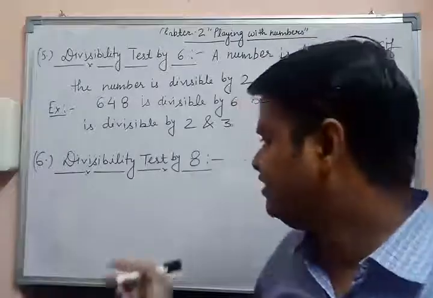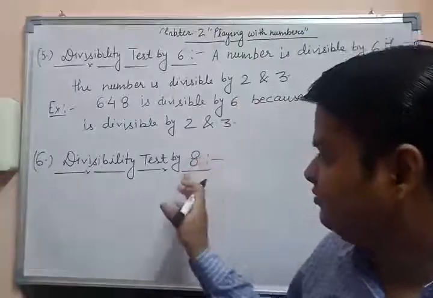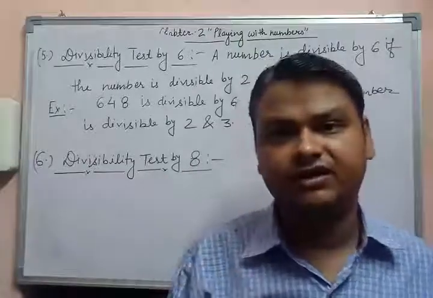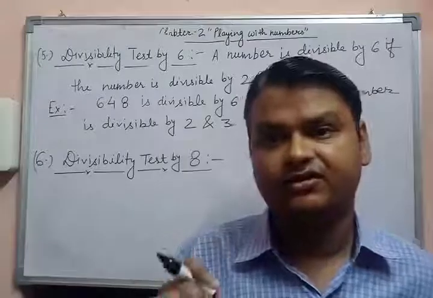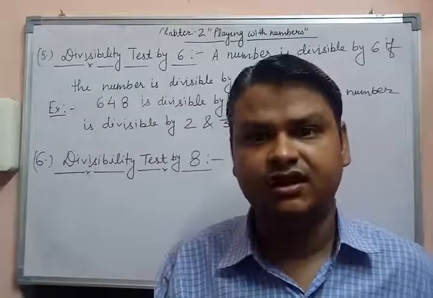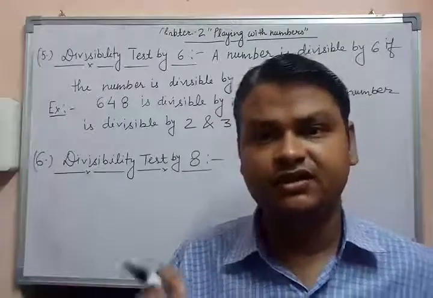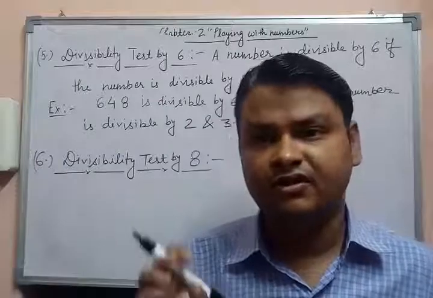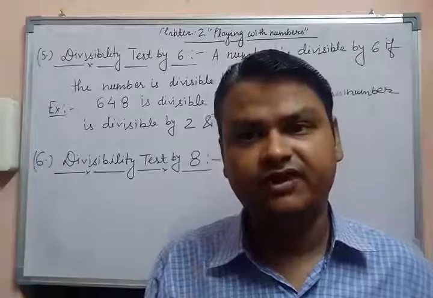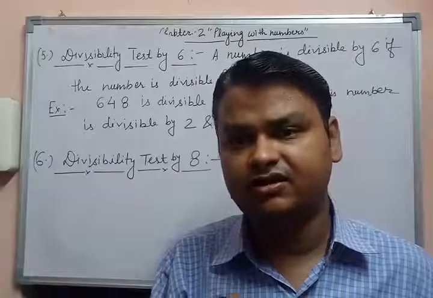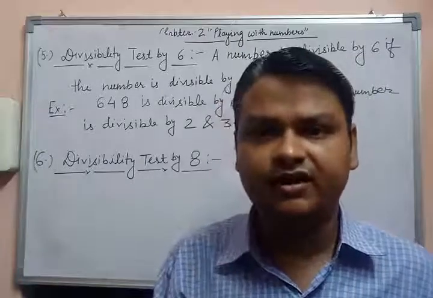In the same way, if you have to check whether a number is divisible by 8, then first of all you have to check the last 3 digits. Last 3 digits means the ones, tens and hundreds digits. If they are divisible by 8, then we can say that the whole number will be divisible by 8.